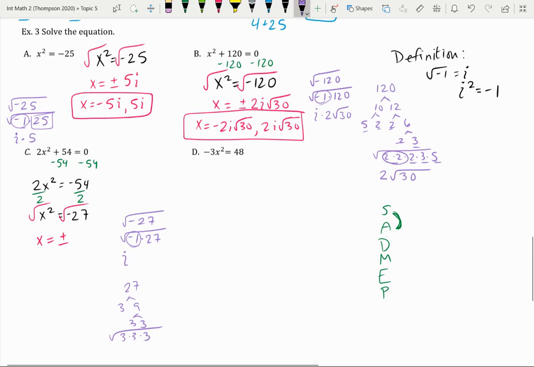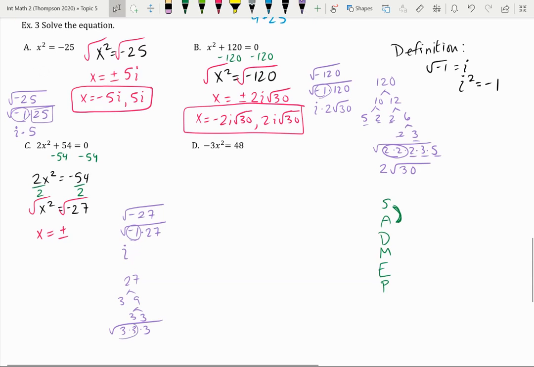So the square root of 3 times 3 is 3, radical 3. So I have times 3, radical 3. When I write this, I write the real number and the i, and then the radical. So I have x equal to negative 3i radical 3 and positive 3i radical 3.